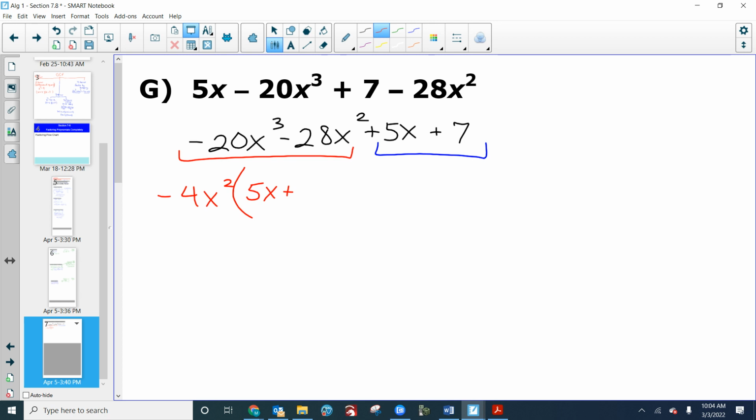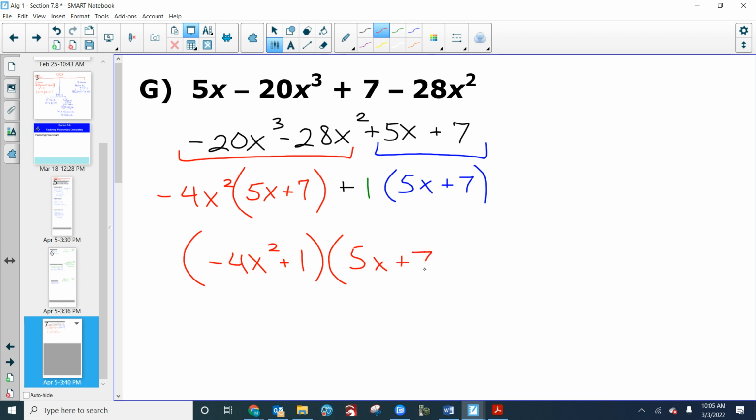Negative 28 over negative 4? 7. Plus. Oh, look. I can pull a 1 out, and I'm left with 5x plus 7. You want to pull that 1 out so you can finish off the factoring by grouping. So I get negative 4x squared plus 1 times 5x plus 7. That's your final answer.